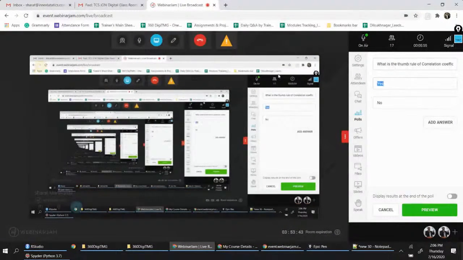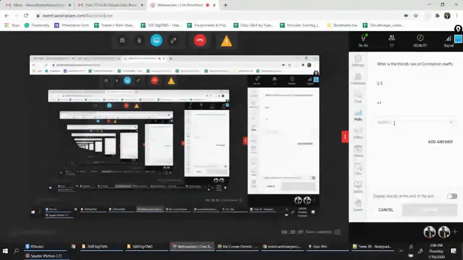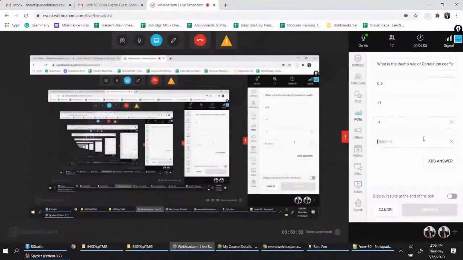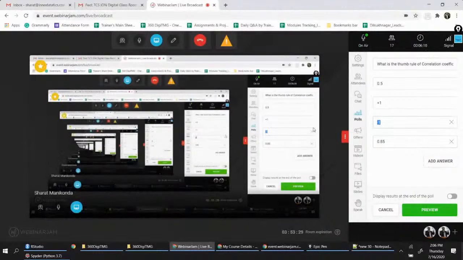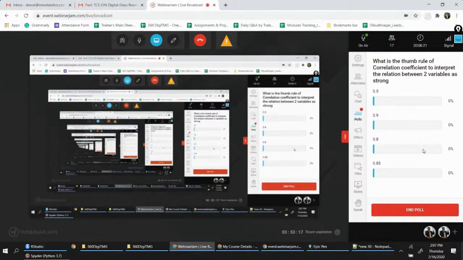What is the standard value to declare that a variable is strong? Just try and answer this question. What is the rule of thumb for correlation coefficient? What is the standard?